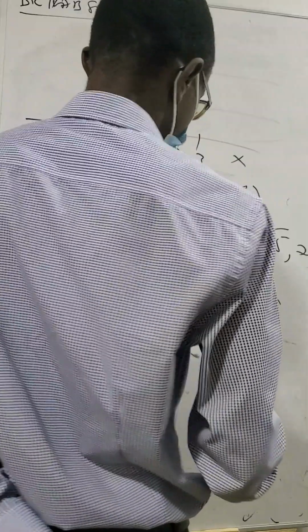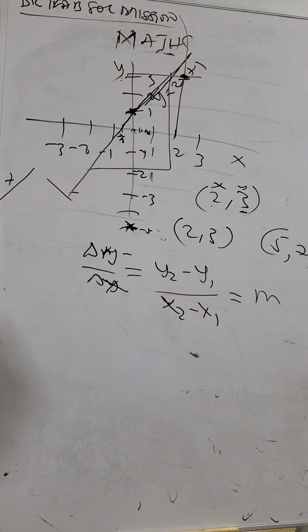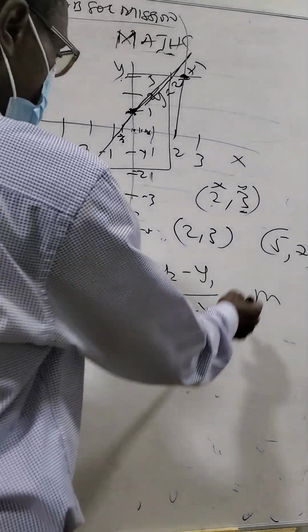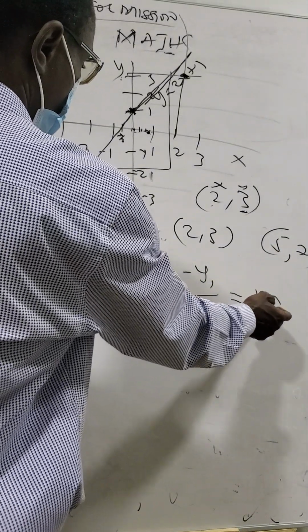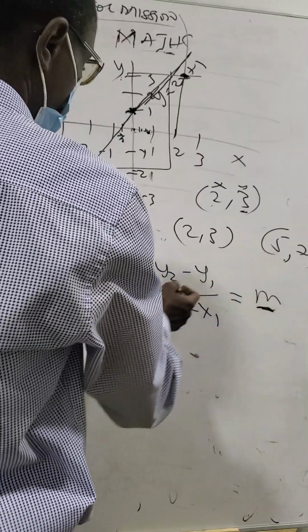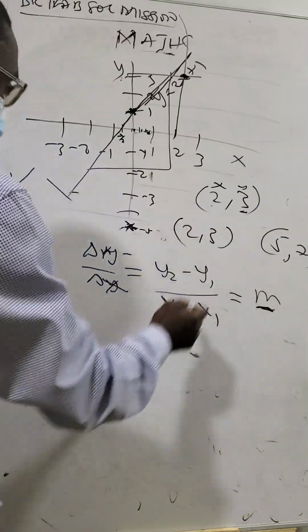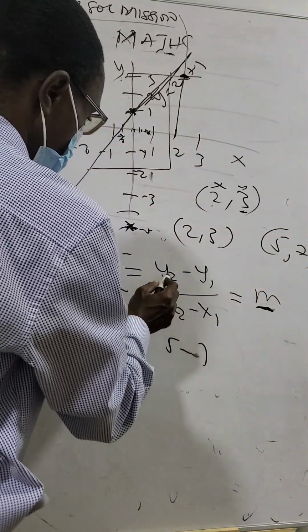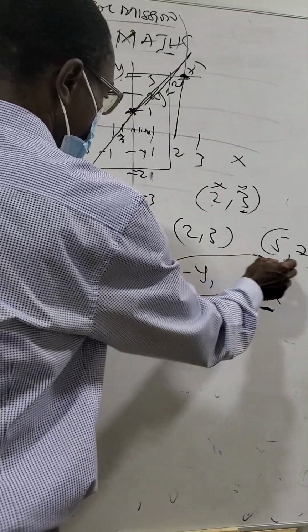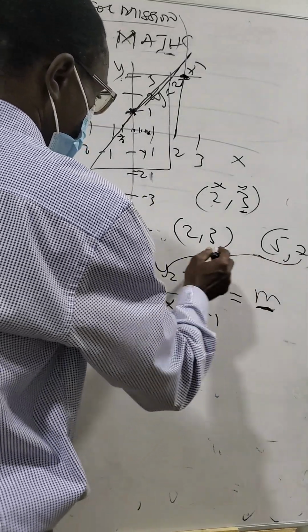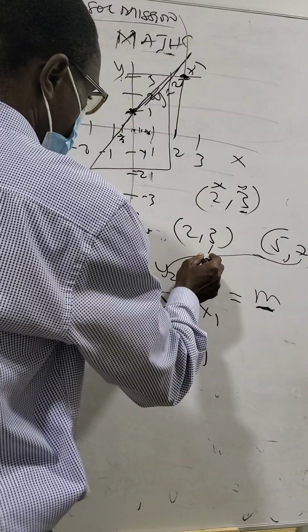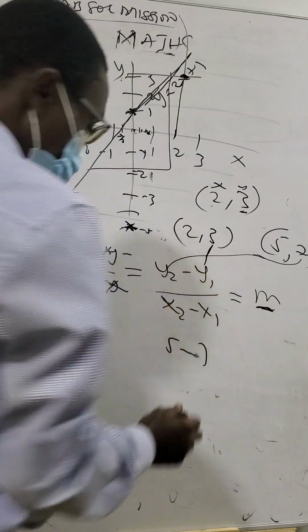This is equal to the gradient, which is m. So in this case, we can find m, the gradient, from these two together, because we have two values for y.